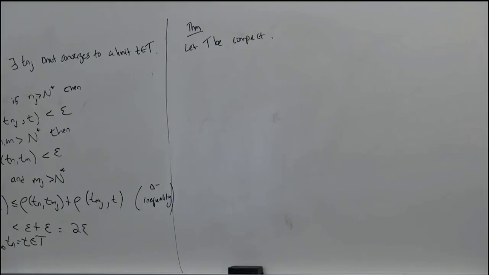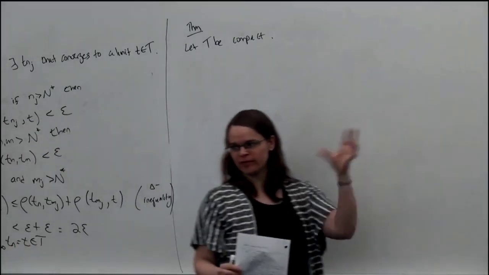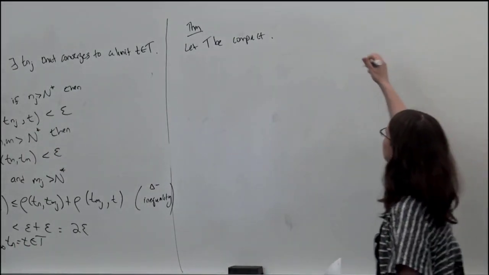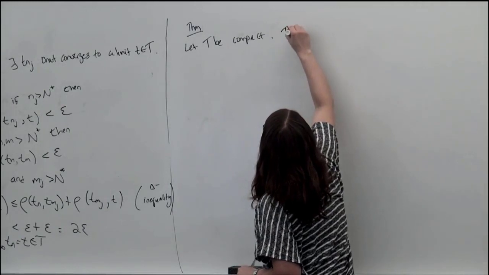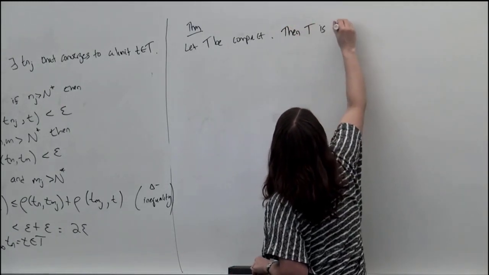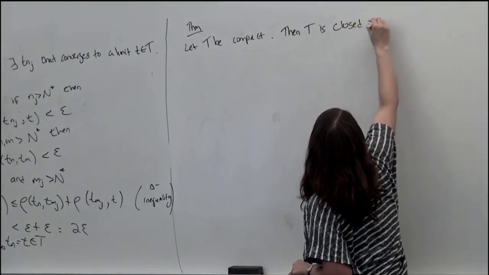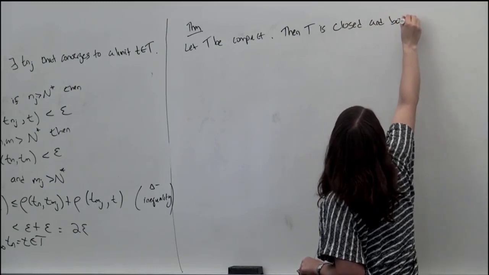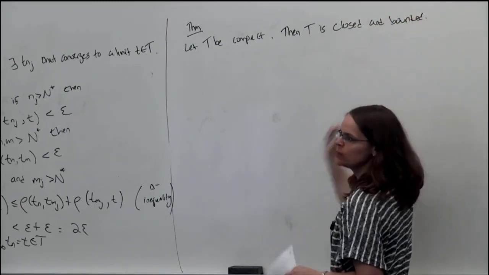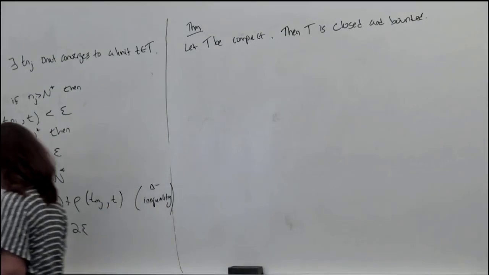So if I'm playing with a compact set, I can assume closed and bounded. I can't use closed and bounded to prove something is compact, but this direction works. Right, and in Euclidean space we got lucky. It was an if and only if.